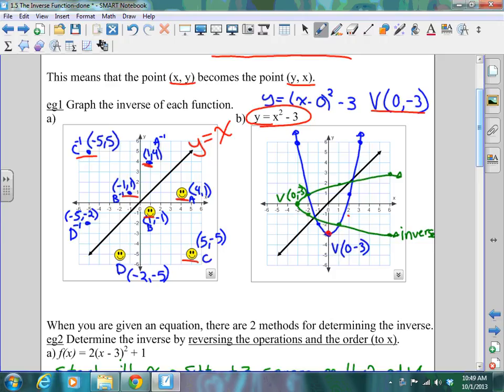And then to do the inverse, we have to switch x and y. So when we do this, the vertex should actually become (-3, 0). Okay? And then from that, we go up instead of going over. So we go up 1, over 1, up 1, over 3, and up 1, over 5. Again, the mirror image through y equals x.